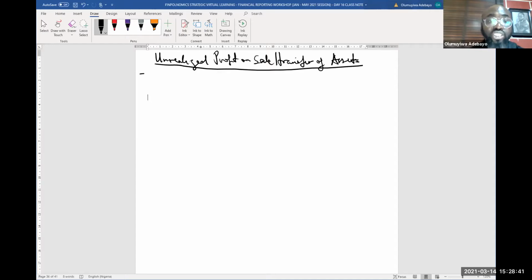Now, there are two adjustments required when there's a transfer of assets within the group.